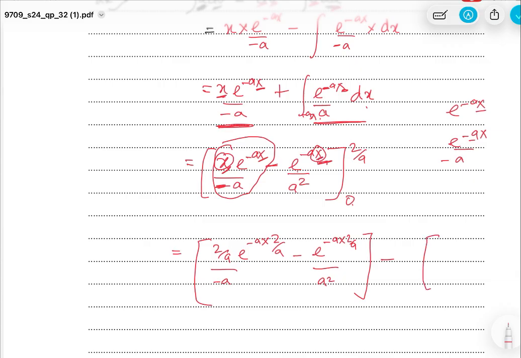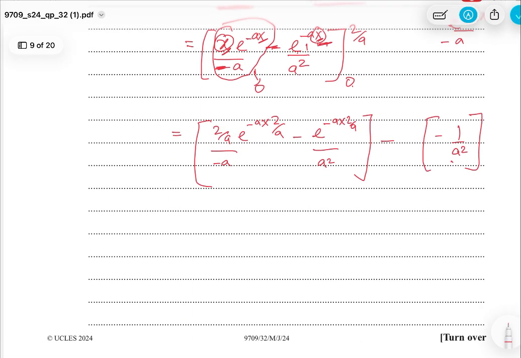So minus 1 upon a square, I guess. Yes or no? See, this will become 0 minus 1 upon a square. So this is written over here. Simplified further, over here this a will be cancelled. This will go down and become negative a square.